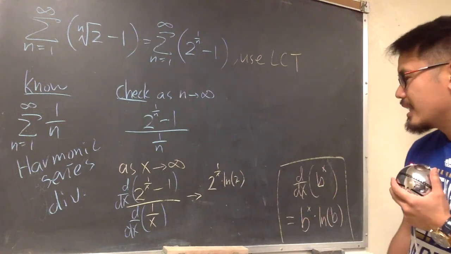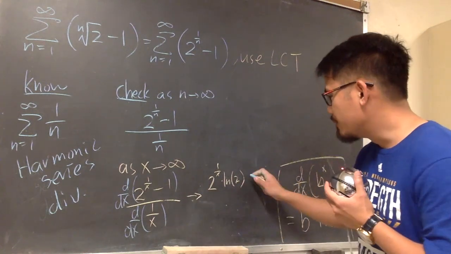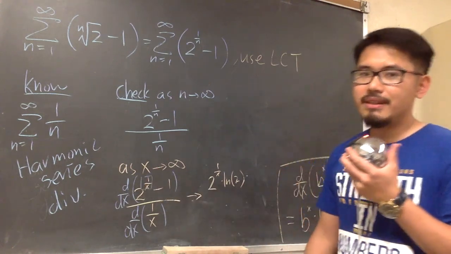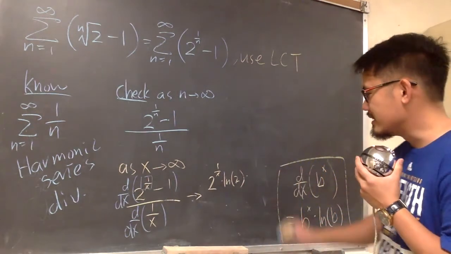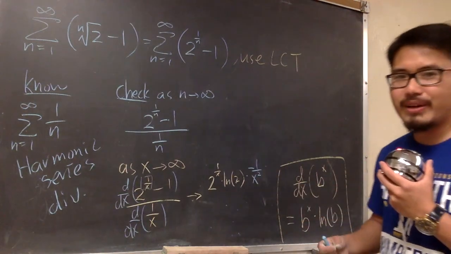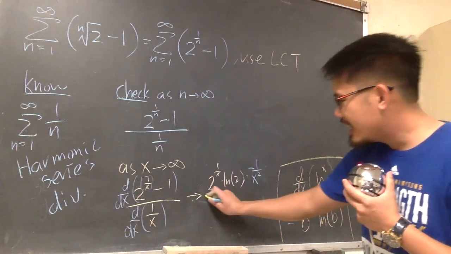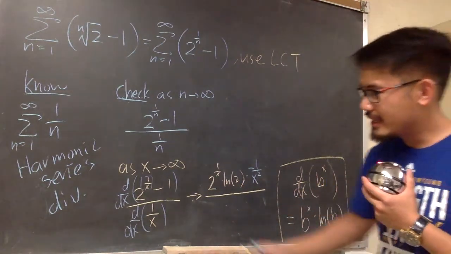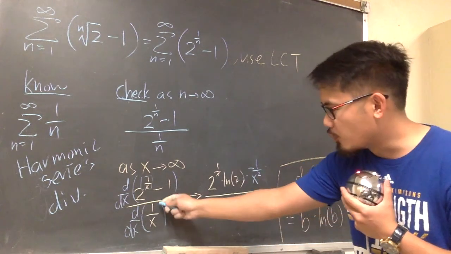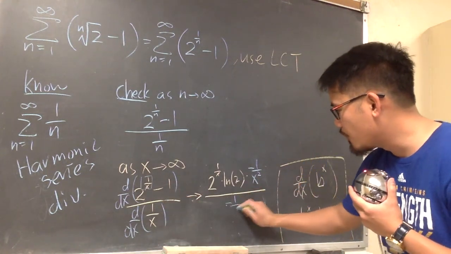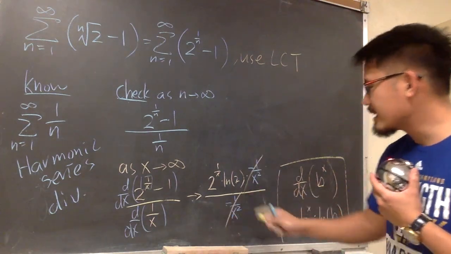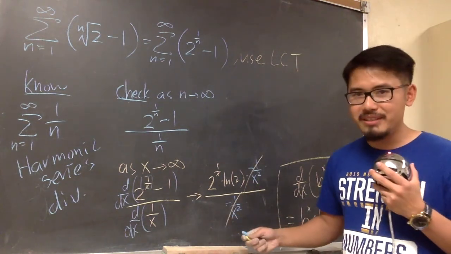But then, by the chain rule, we multiply by the derivative of that, and the derivative of 1 over x is negative 1 over x squared. And then we are going to divide it by the derivative of 1 over x, and once again, the derivative of 1 over x is negative 1 over x squared. And you see that this and that cancel each other out completely.